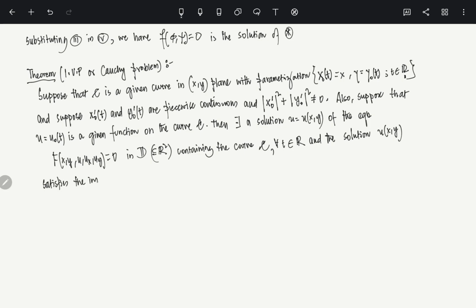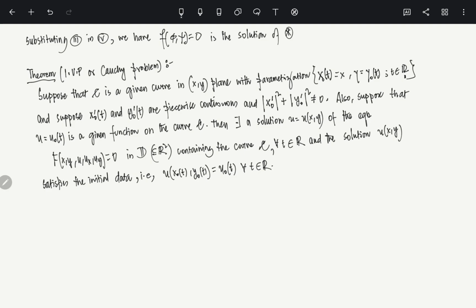I know this is a very big statement of our theorem. Let me just write it down and I will explain to you. Data that is u of x naught of t, y naught of t. This is nothing but u naught of t. Is it okay? For all t in R.